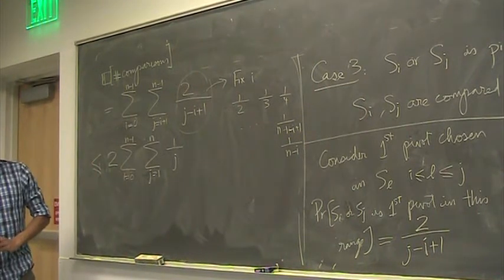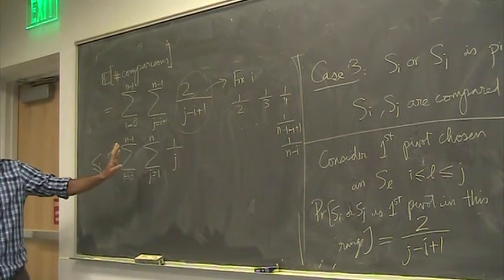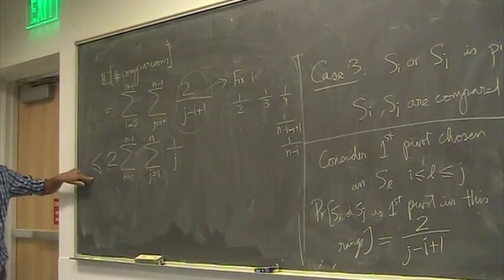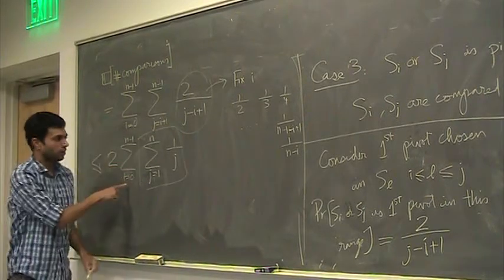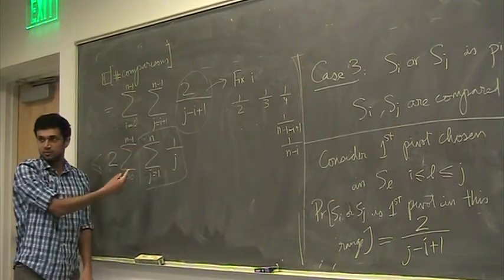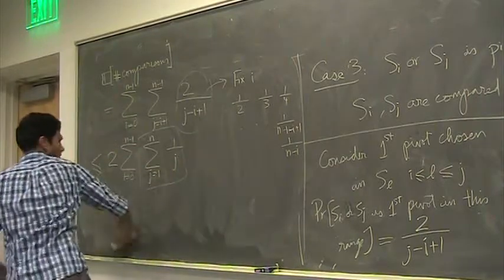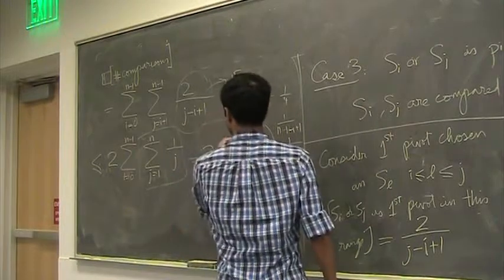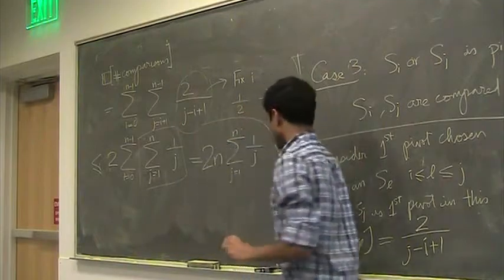I'm just saying, you put in more terms because I'm giving an upper bound. So this thing doesn't even depend on what i is. It's just n times this. So this is 2n, summation j going from 1 to n of 1 divided by j.